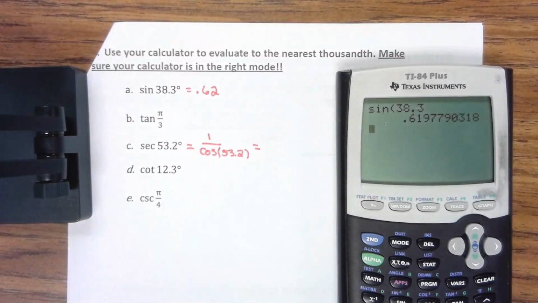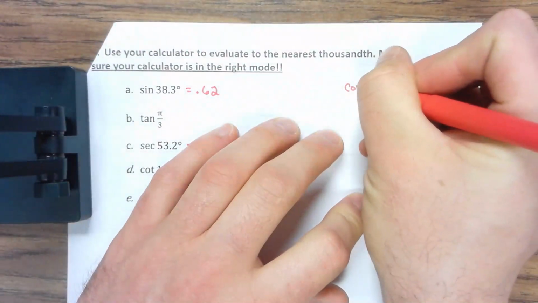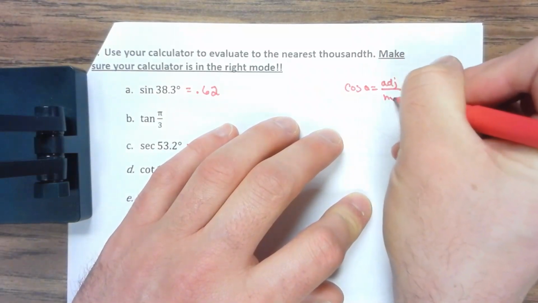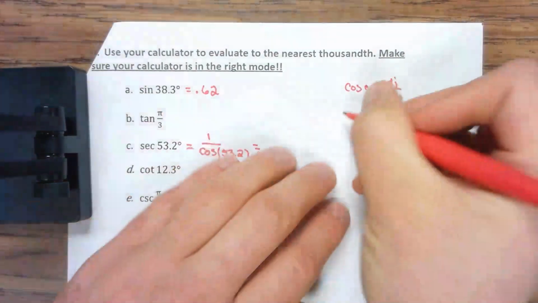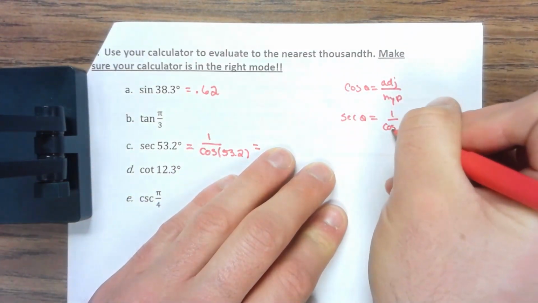There is not a button that simply takes the secant. It's 1 over. 1 over the value is another way to do the reciprocal. In fact, let me just show this real quick. If we know that cosine of theta is the adjacent side over the hypotenuse, and I want to find secant of theta, well, I know that it's 1 over cosine of theta.